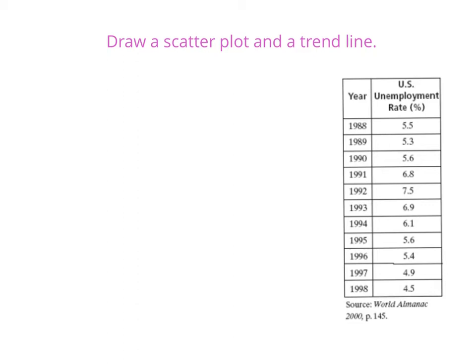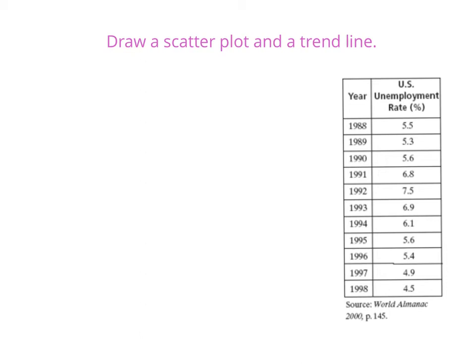All right, now we're actually going to practice drawing a scatter plot and a trend line, and then we're going to write another equation of our trend line. So here we have a function table. We're looking at years, and then the U.S. unemployment rate.